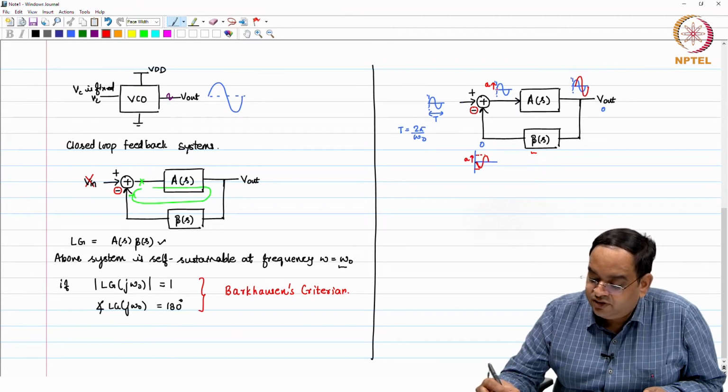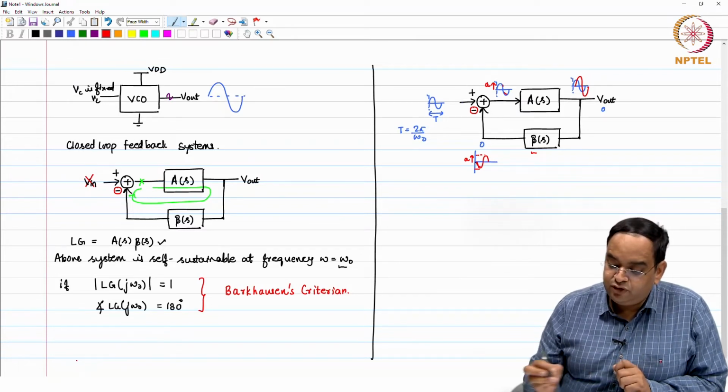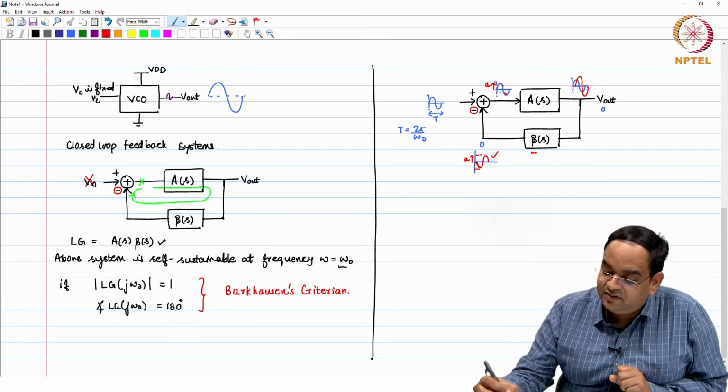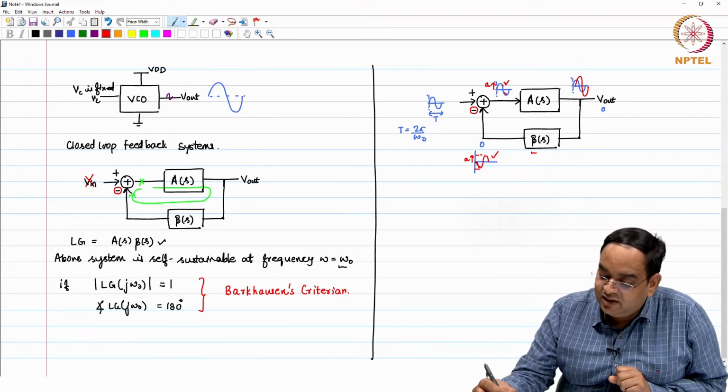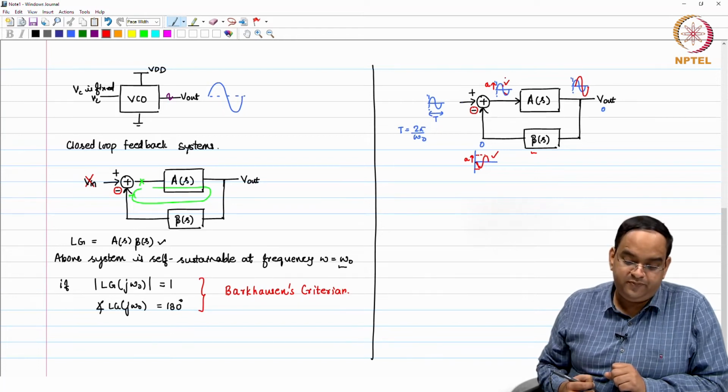Here it is 0 and then you see the positive cycle first, here you are seeing the negative cycle first. So, effectively what I am trying to show you is that this signal is just an inverted version of the signal you fed at the input.